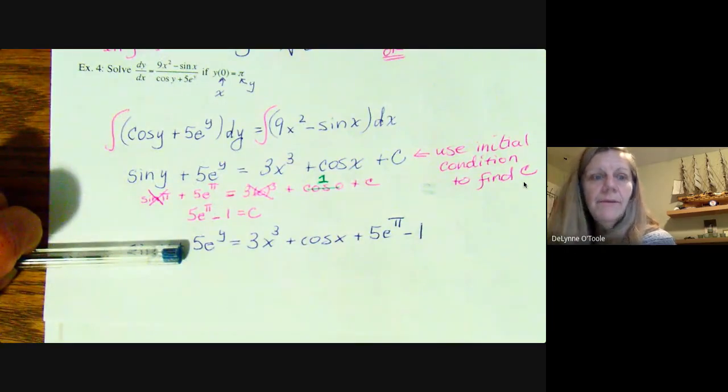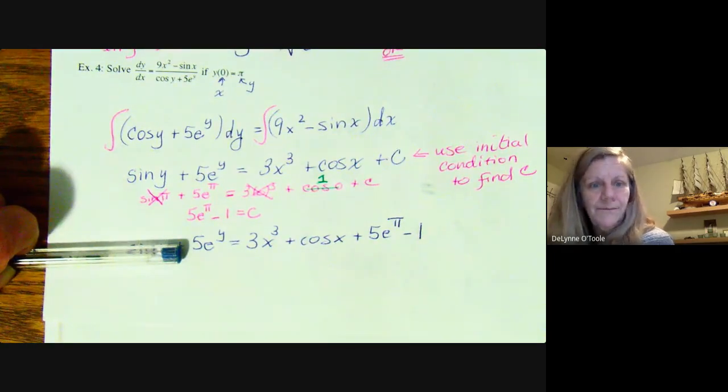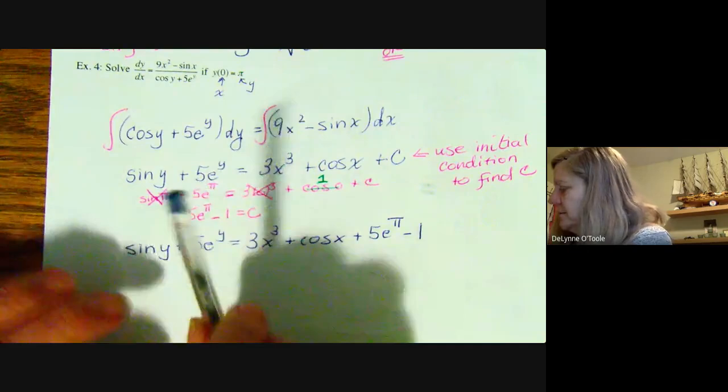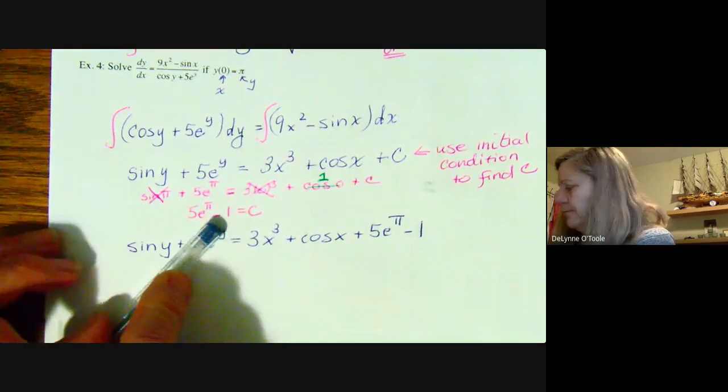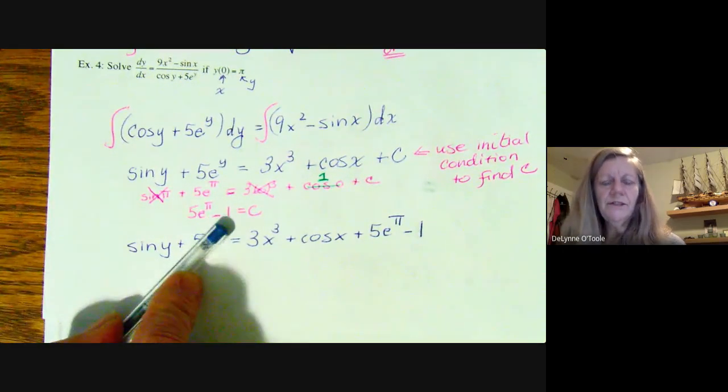The reason I'm telling you this is you'll see some problems later where that's how you have to solve for y. You have to do the natural log. If the e term wasn't there, if it was just sine y equals that, how do I solve for y in that case?